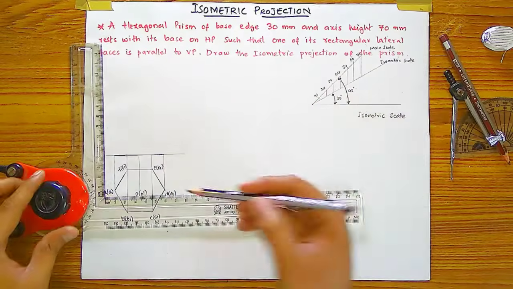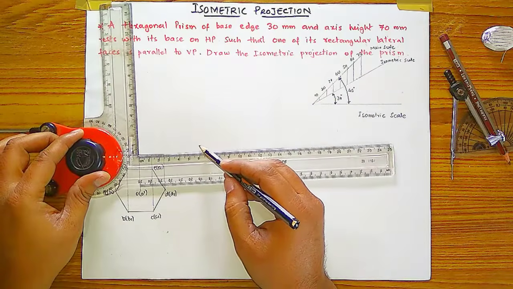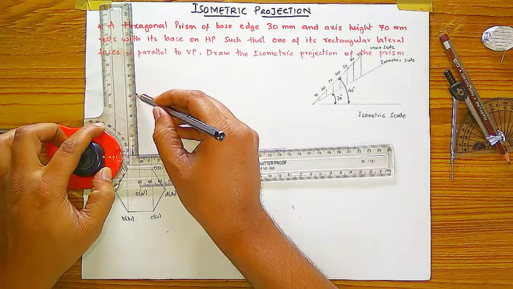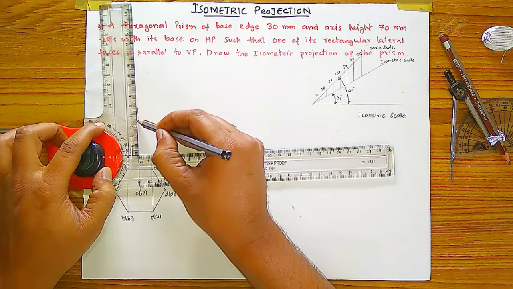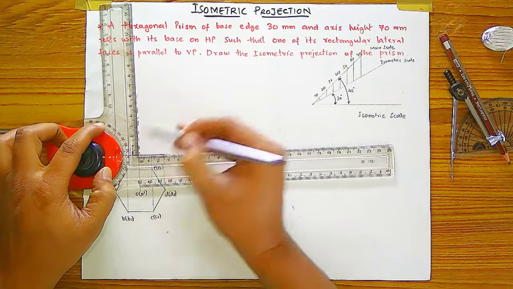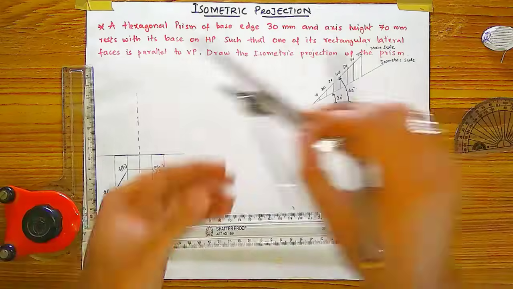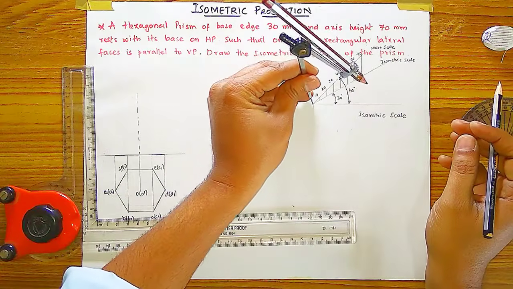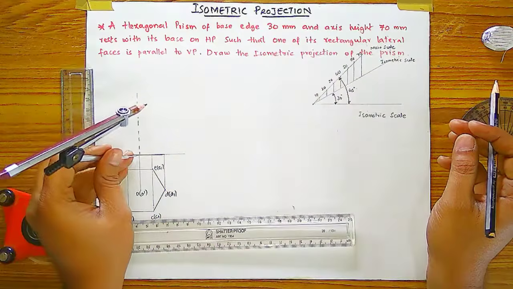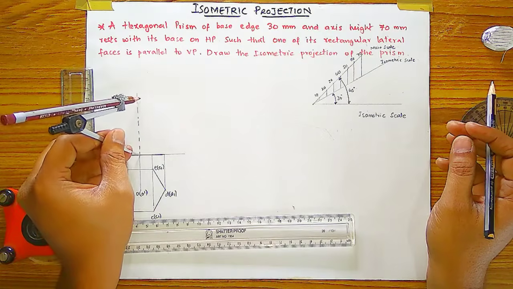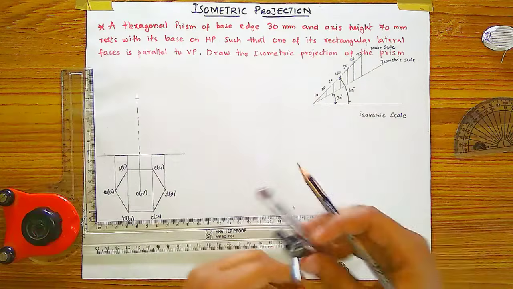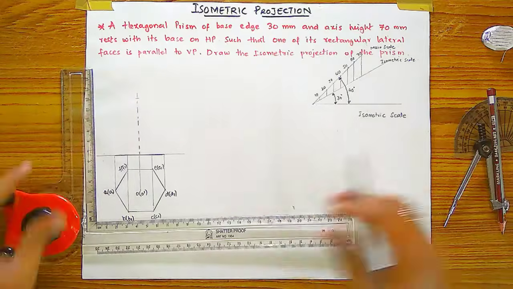Then draw an axis line like here, a convenient axis line, as much as you want to take. Then the measurement of this axis you have measured, keep it on that and put an arc like this, meaning the axis height you have removed.